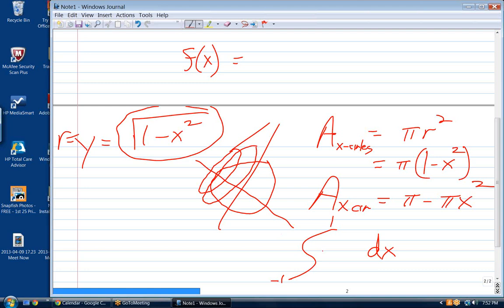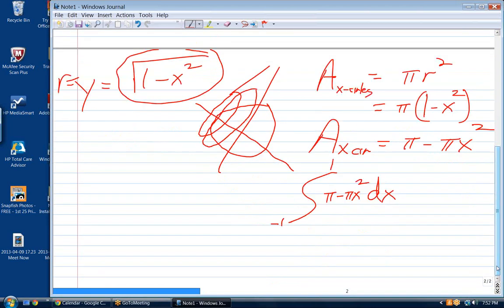And what are we going to integrate? The area of each of these cross-sectional circles, which is pi minus pi x squared. And that's an easy integral to do. Right. So integrate that for me.